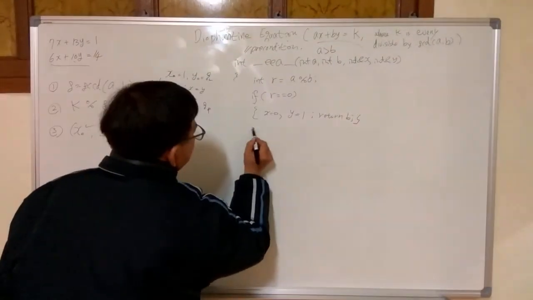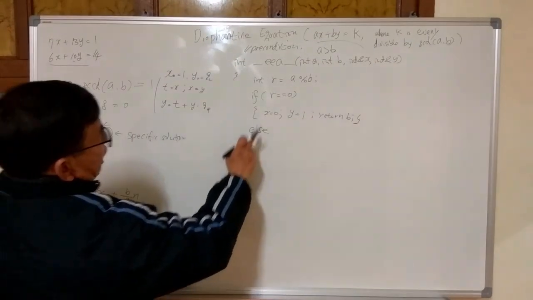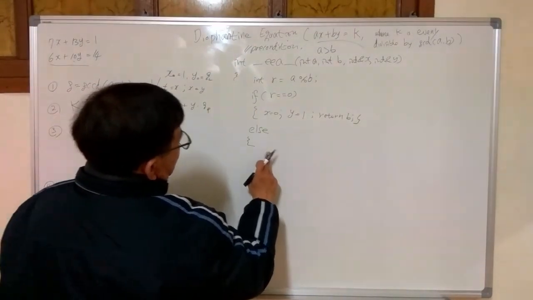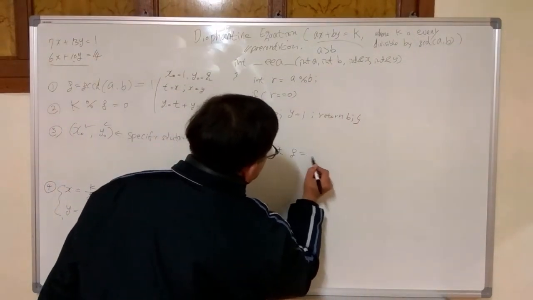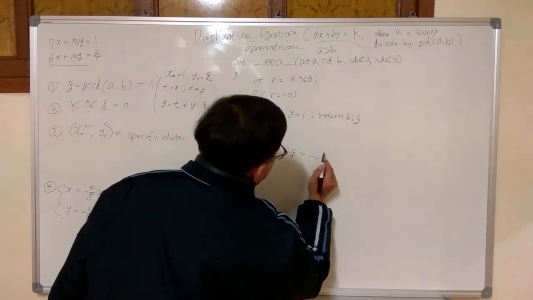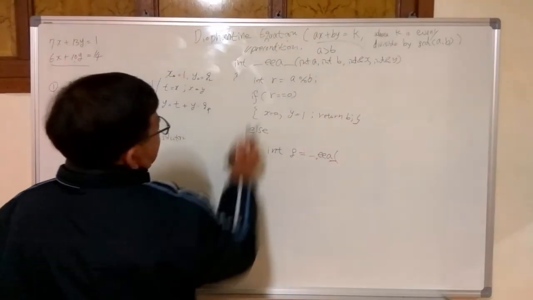Next, else. At this point, R is not 0. Here, we first compute G, EEA. We are calling this function again.